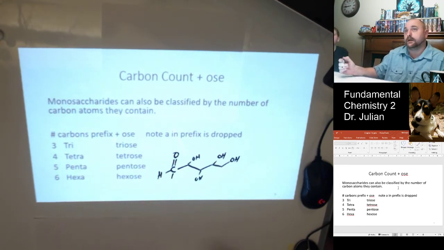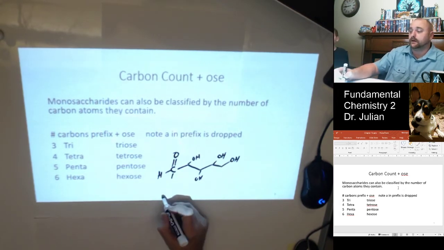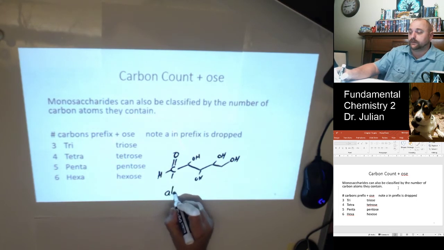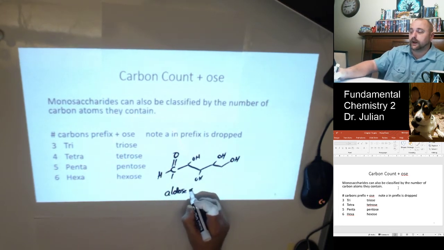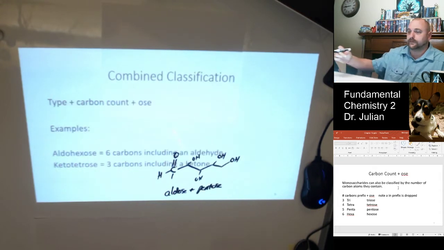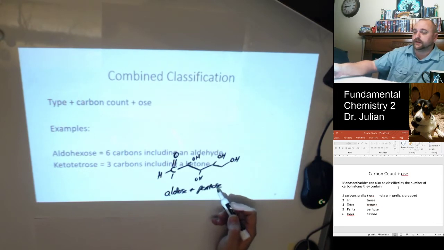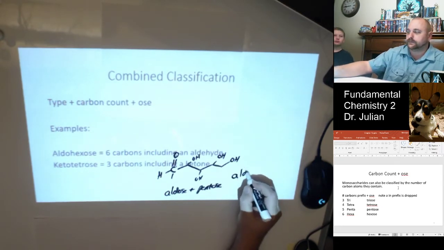Now this particular one is an aldehyde, so it's an aldose and a pentose, and we can combine this idea by calling this an aldopentose.